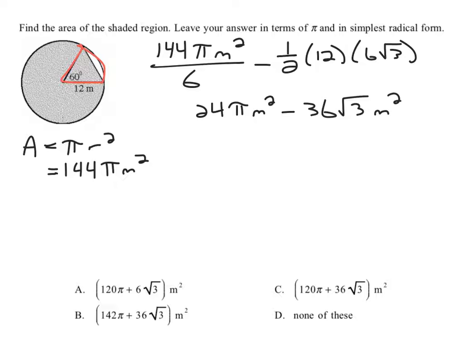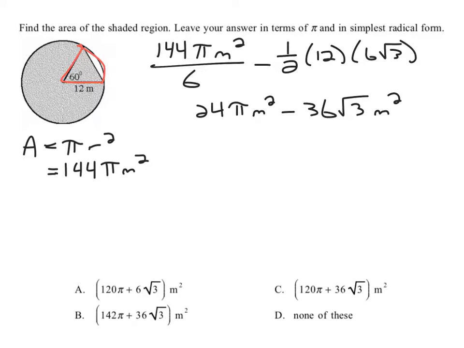And then what we have to do is subtract that away from 144 pi, because this portion of it calculated this red sector. We subtracted away the triangle's portion, so what we were left with is this amount right here. And that's the only thing that we need to take away from the original area.